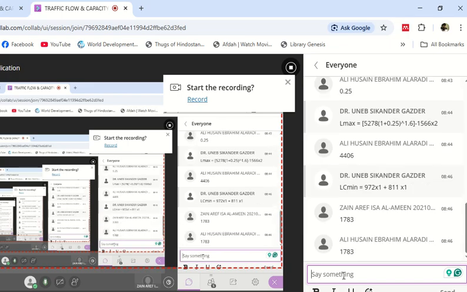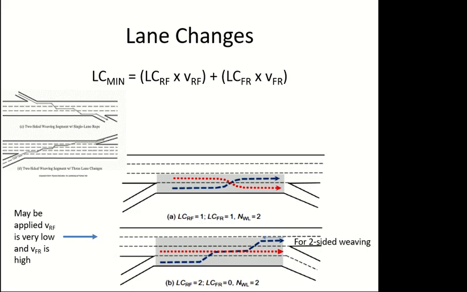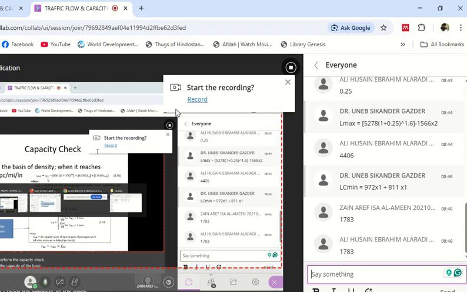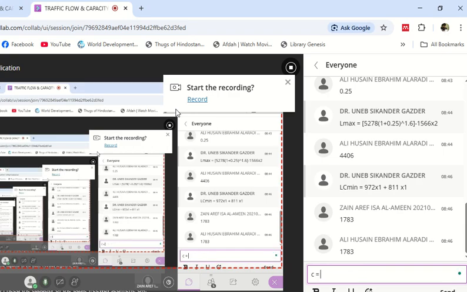Okay, then we will perform the capacity check. I need the capacity of the basic freeway segment, which was 2200 plus 10 into S minus 50.